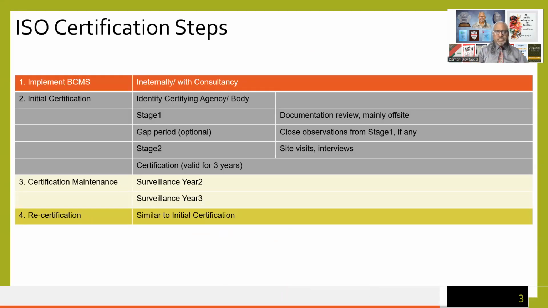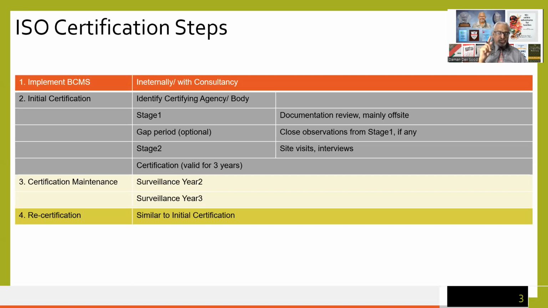So in certification steps, whether this is for BCMS, ISO 22301, or any other ISO standard, these steps are common. So the first one would be implement BCMS or implement ISMS or implement EMS, which you can do internally yourself, or you can take help from a consultancy.